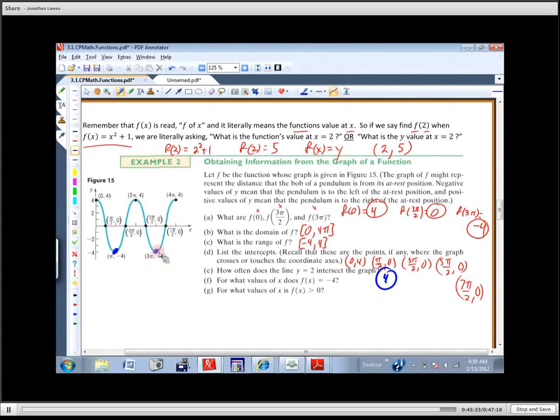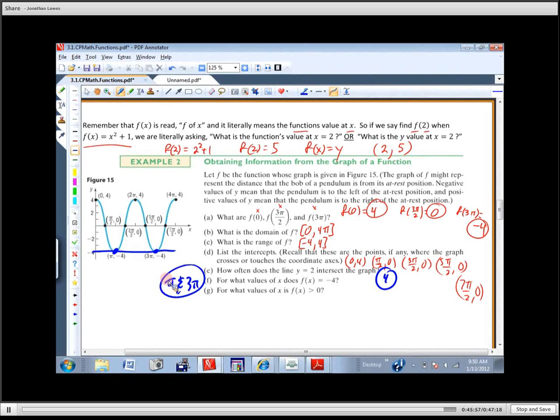Okay, and the last one, for what values of x is f of x greater than 0? Can anybody think of another way to describe what that's asking for? Yes? Yep.